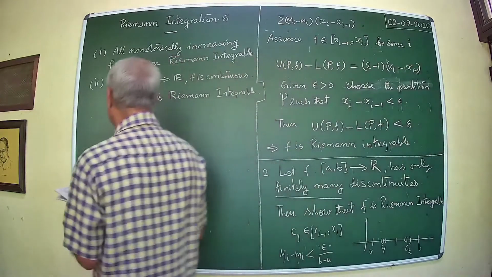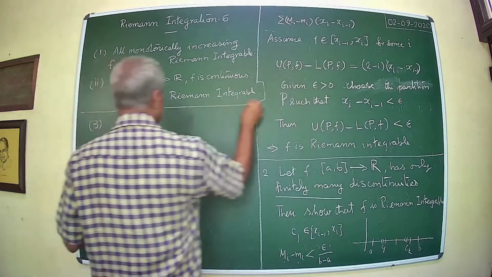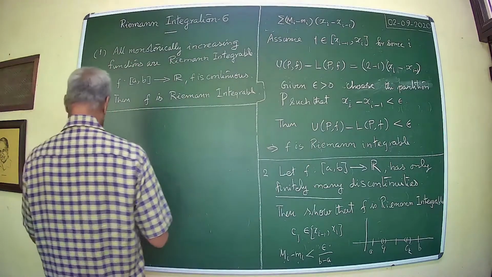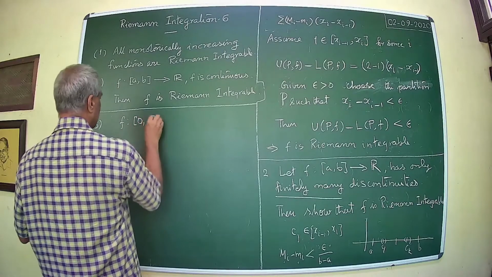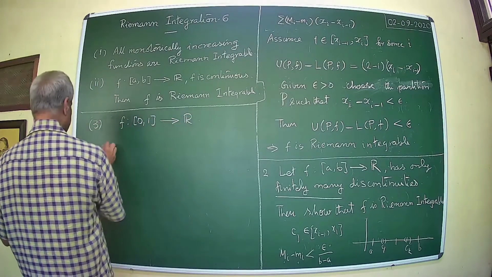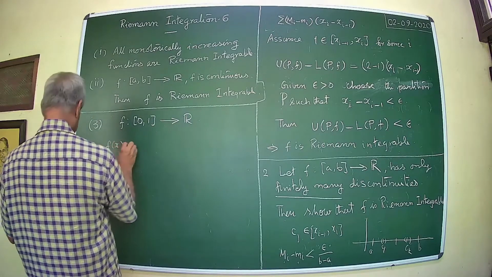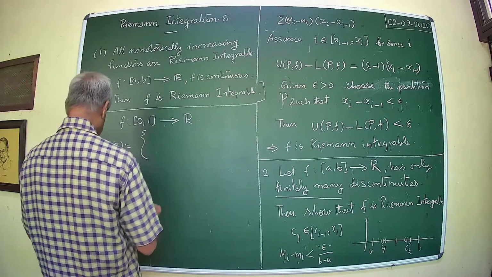Now you observe the third problem that I take: suppose f is a function from [0,1] to R, and we define, you have seen a similar one we discussed earlier, the Dirichlet function.